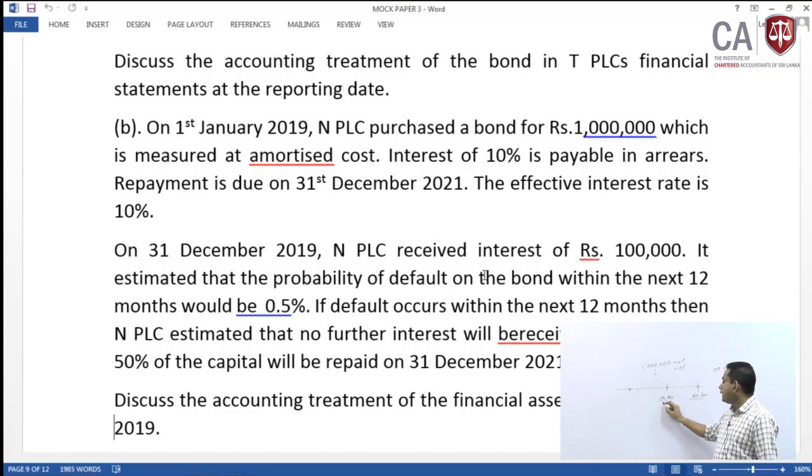Let me discount it using the original effective interest rate. Original effective interest rate was 10%, 100,000 divided by 1.1. This is 90,909. 600,000 divided by 1.1 to the power 2.